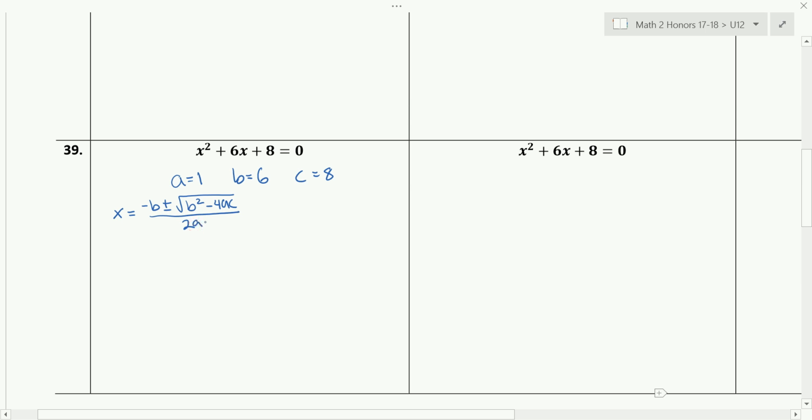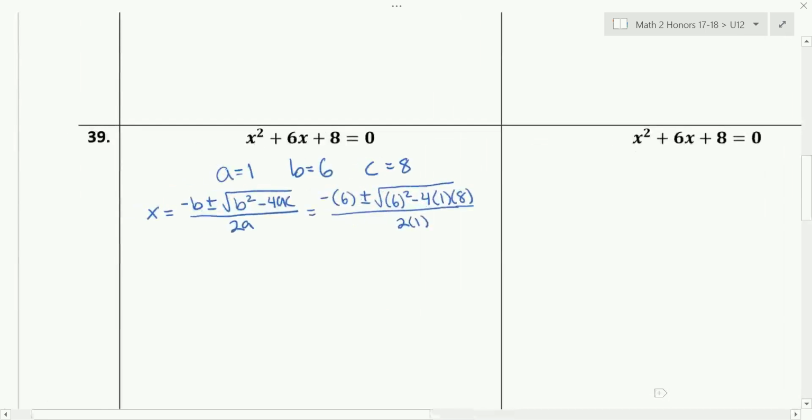Okay. So you want to memorize it, okay? You haven't memorized it yet. And then plug those pieces in, like so.